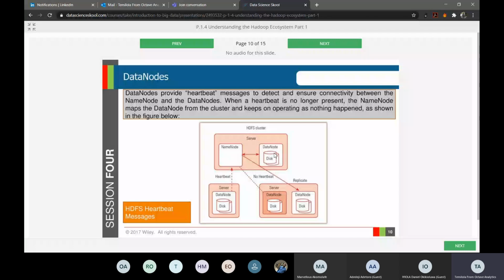If you notice, this one here communicates with the name node, as you can see with the arrows. This name node communicates with this data node, but this data node doesn't communicate with this name node. As you can see, it says no heartbeat, meaning there is no communication. So that's how the name node is able to detect if a data node is working or not through heartbeat messages.